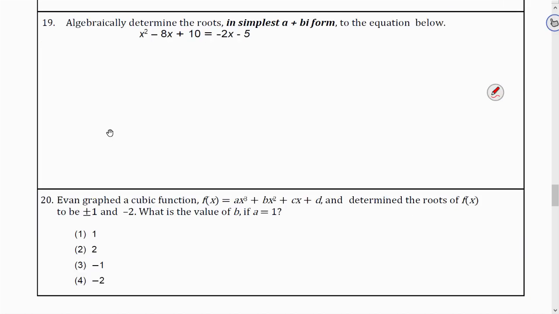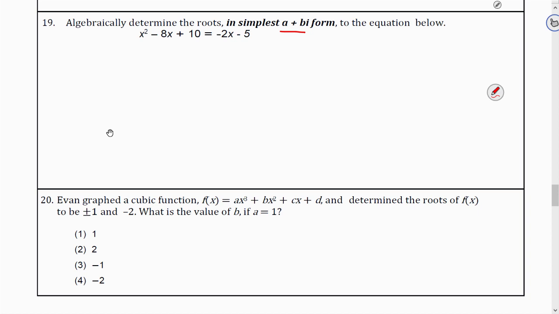In number 19, we will algebraically determine the roots in simplest a plus bi form to the equation below. A plus bi is a complex number, which gives me a hint that I'm going to be using the quadratic formula and that I will get some complex solutions. Before I can use the quadratic formula, I must get one side equal to 0.